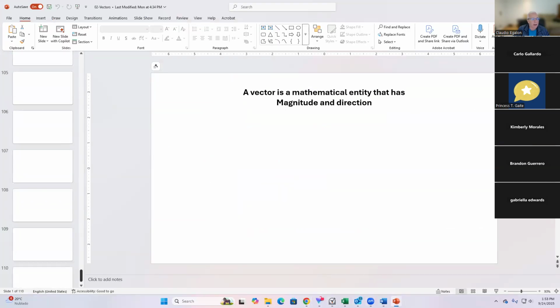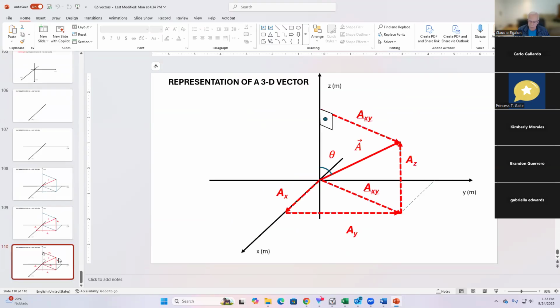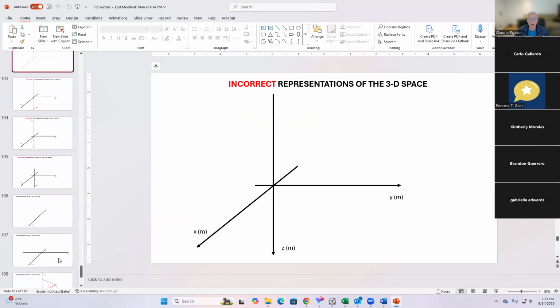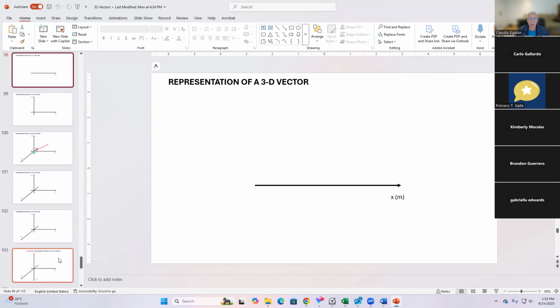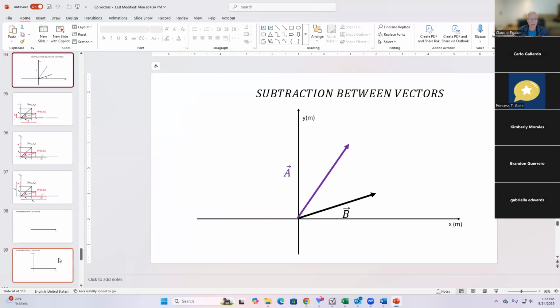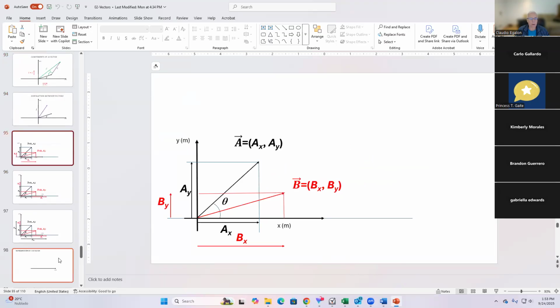Here are my notes. Let's see if I have to show you anything else. Okay, so vectors A and B, I showed that before, right?